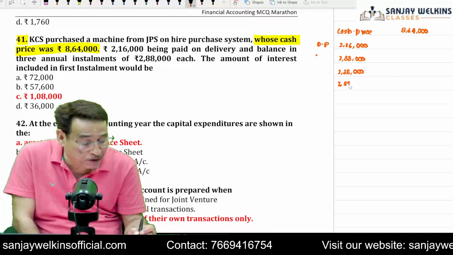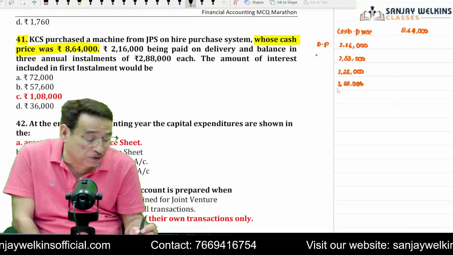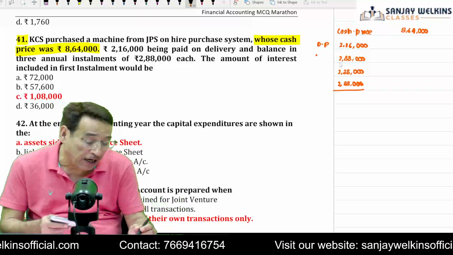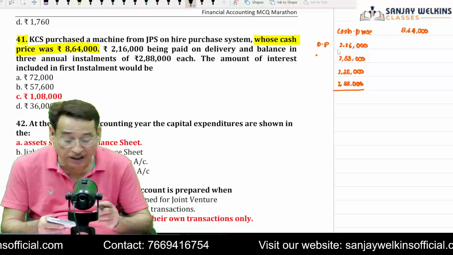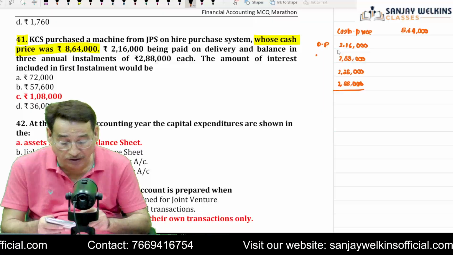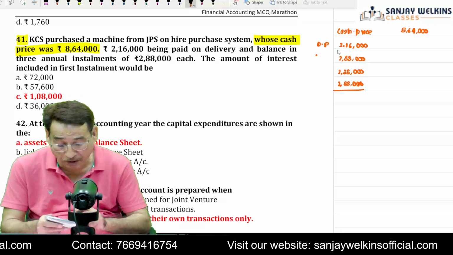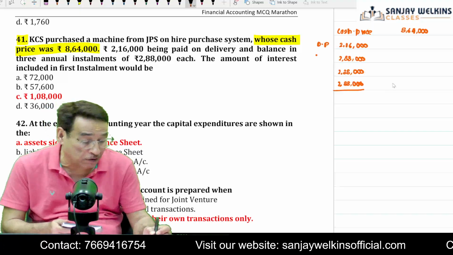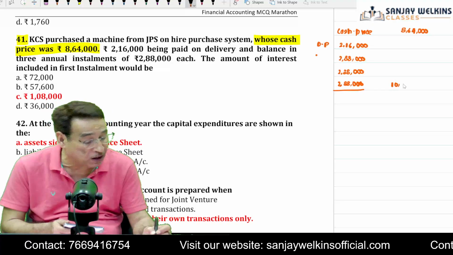So besides the down payment, we are supposed to pay 3 installments of 2,88,000. By adding the installments to the down payment, I will get the hire purchase price: 216 plus 288 plus 288 plus 288. That is equal to 10,80,000.